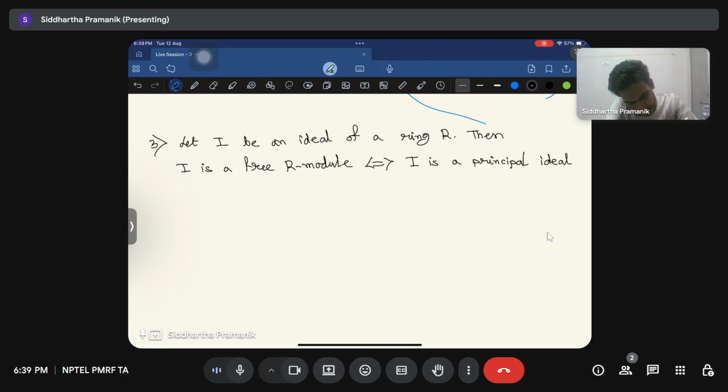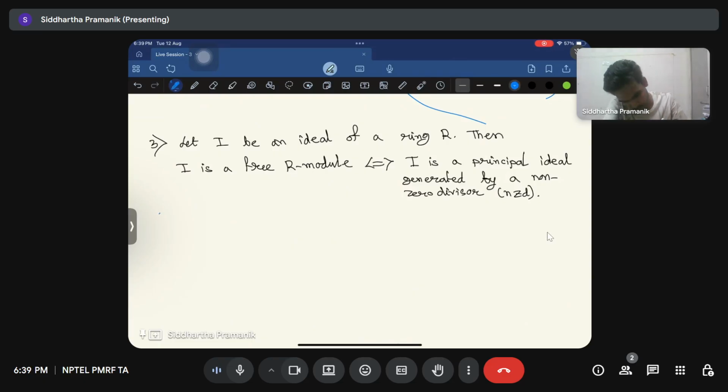So I is a principal ideal generated by a non-zero divisor. I will use NZ for non-zero divisor. So it's a very simple problem.